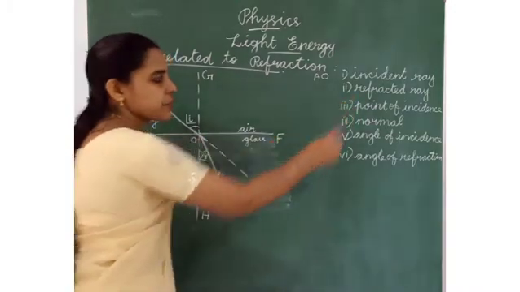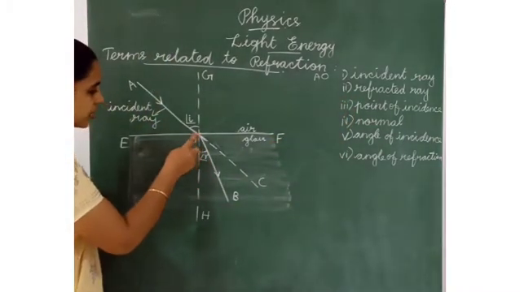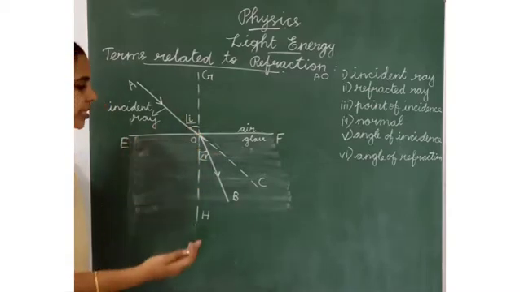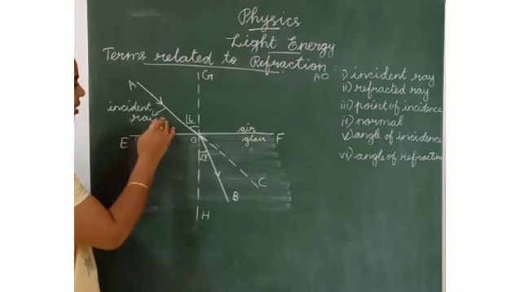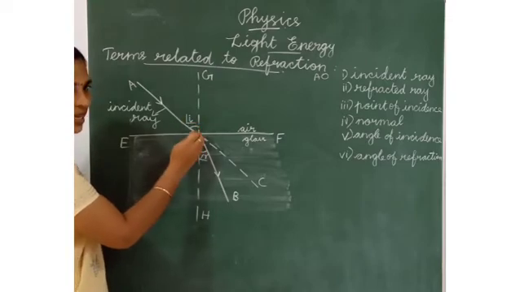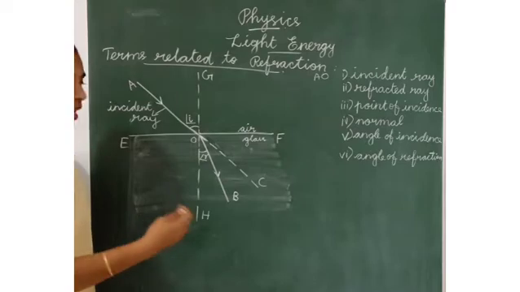Next one is the refracted ray. This is the ray of light after changing its direction. Listen, the incident ray after it strikes the glass, the second medium, changes its direction.